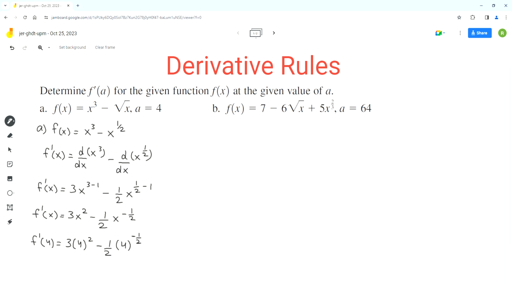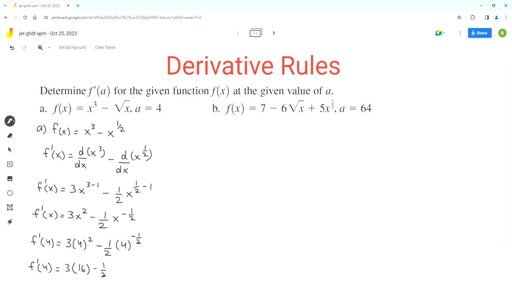Now in the first term, we can evaluate the square. So 4 squared is 16. Now in the second term, the exponent on the 4 is a negative number. So the first step is to make that exponent positive, because we cannot rationalize the term if the exponent is negative.